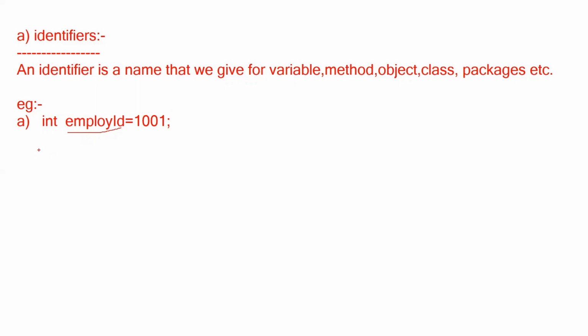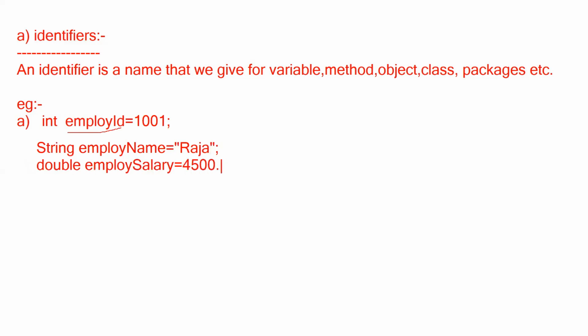Then we will have something like String employeeName, which is also a variable, and in this you can store any name, for example Raja. The same way, you can also declare a variable like double employeeSalary, like 45,000. So what are the identifiers here? These are the identifiers: employeeID, employeeName, employeeSalary. These are the variables, right?